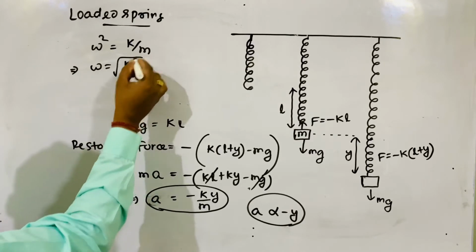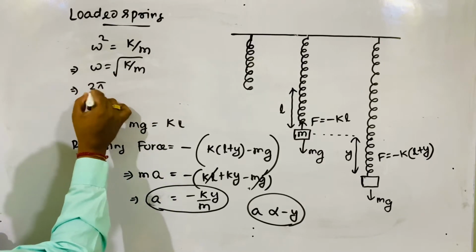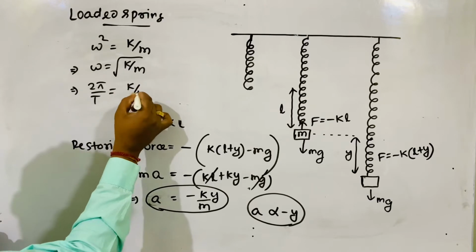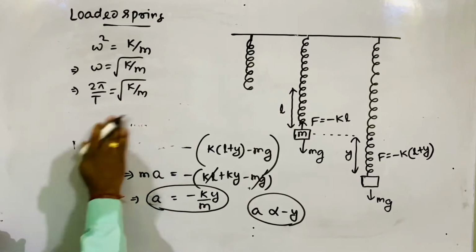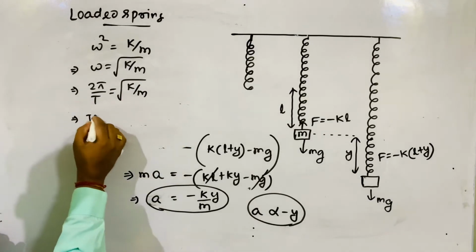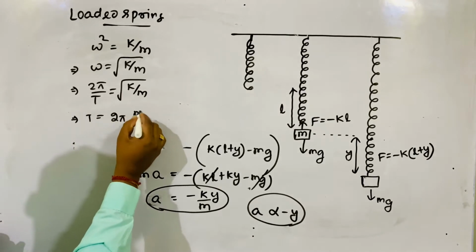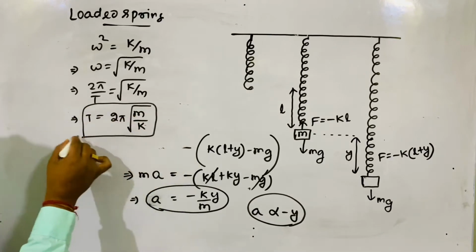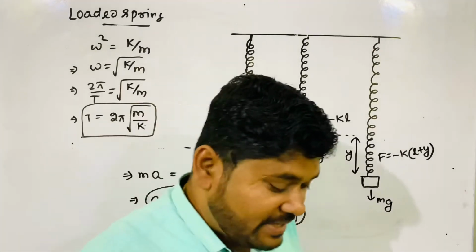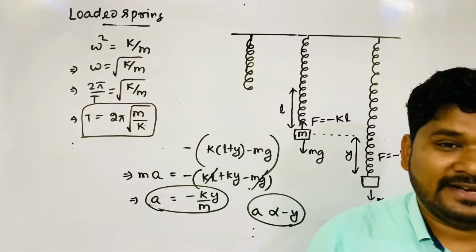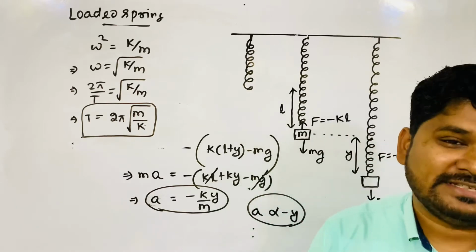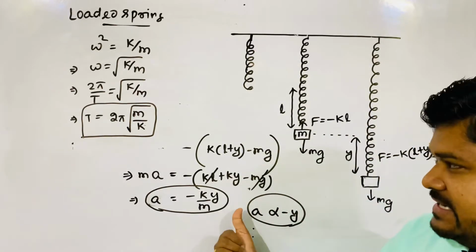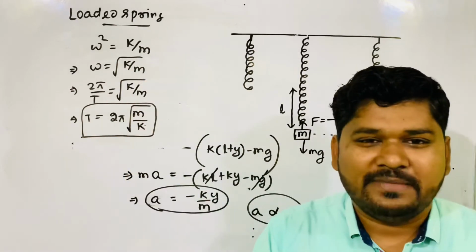Then again 2 pi by T is equal to root over k by m. Then what happens to T? T is equal to 2 pi root over m by k. So this is the time period of the loaded spring which executes SHM. 2 marks up to this, then this is 1 mark, 3 marks is over.